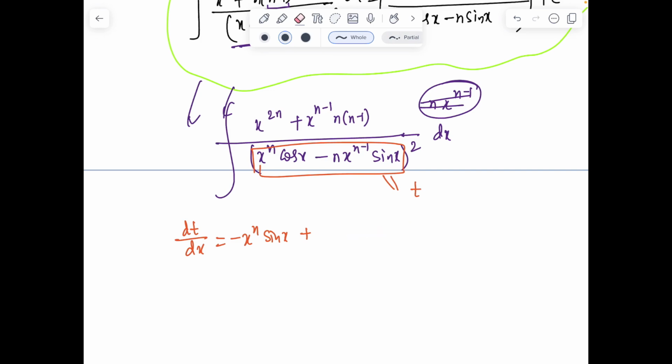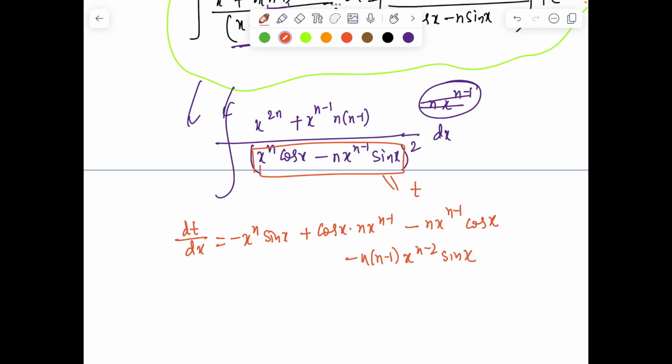So that's cos x into nx^(n-1) minus nx^(n-1) cos x, and we will have minus n times n minus 1 x to the power n minus 2 sin x.